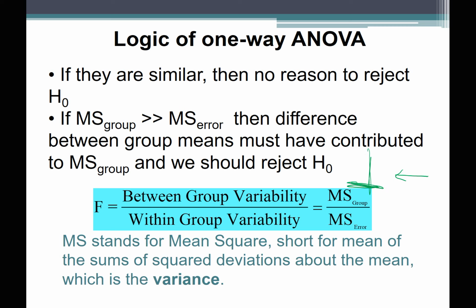So when our MS group, mean square groups, is much bigger than our MS error, that's when we see differences between our groups.